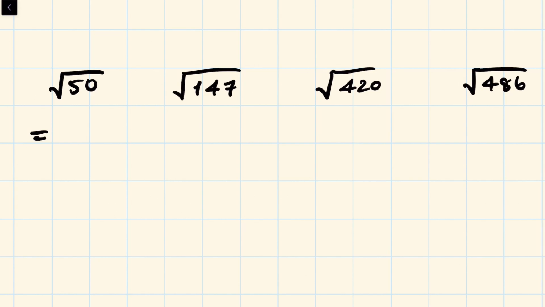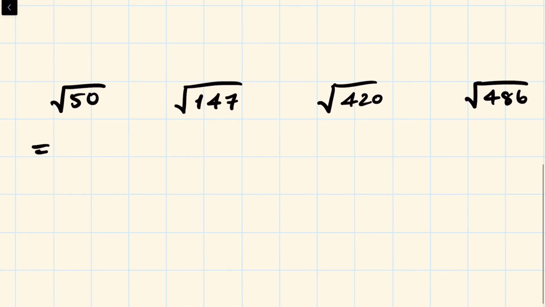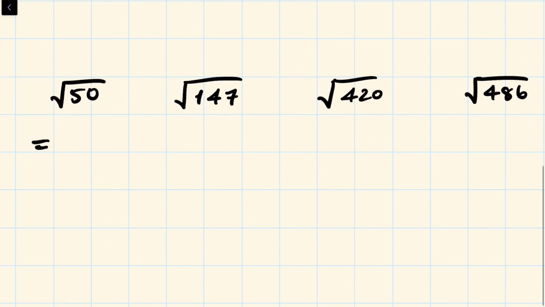Root 50. What can we split this up into? When we're simplifying radicals, we're looking for factors that are perfect squares, so we get integer coefficients in front of the radicals. For 50, it's a little obvious: you have 2 times 25, and 25 is 5 squared.